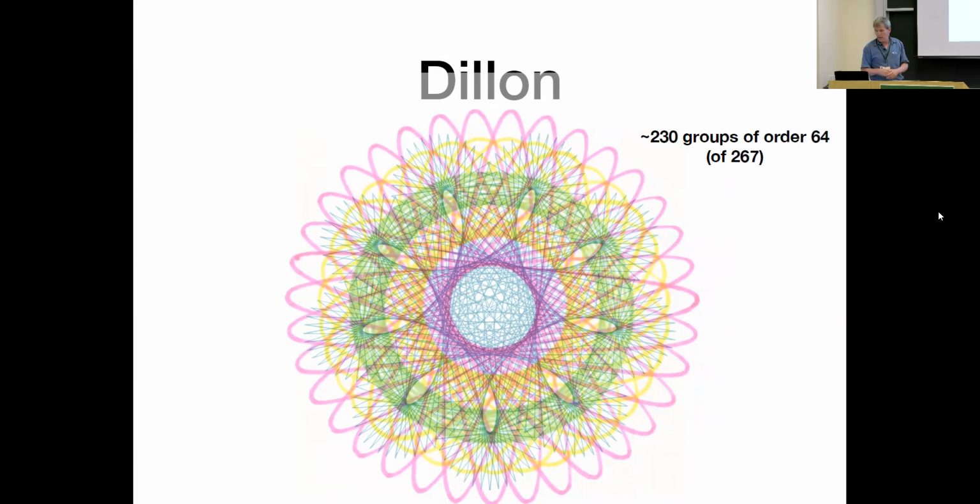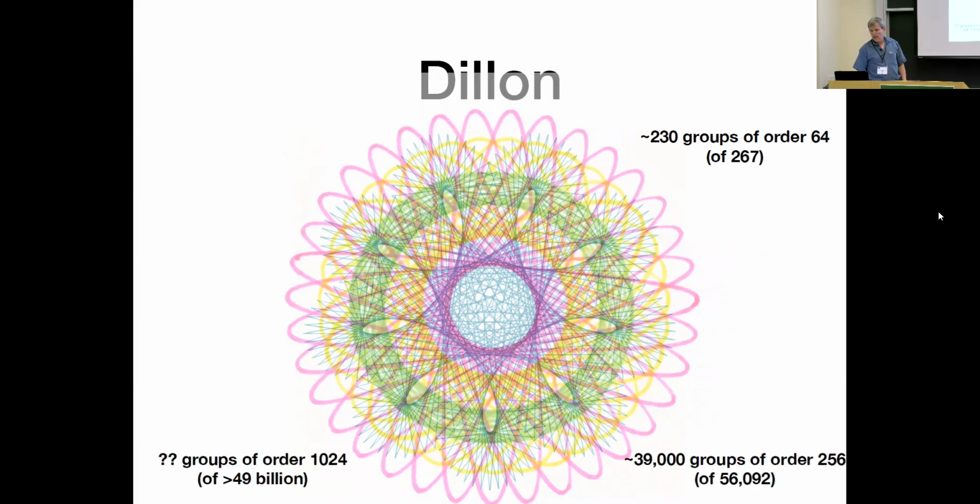That's pretty impressive. And when we go to the bigger groups, you get 39,000-ish. And we don't know in the groups of order 1024, as Jonathan was saying, there's a lot to be discovered in that. We could probably get some ballparks there, but for now, just realize that's a massive expansion.